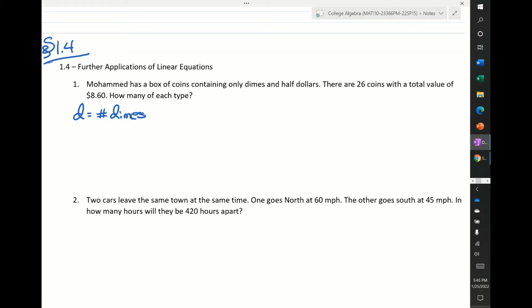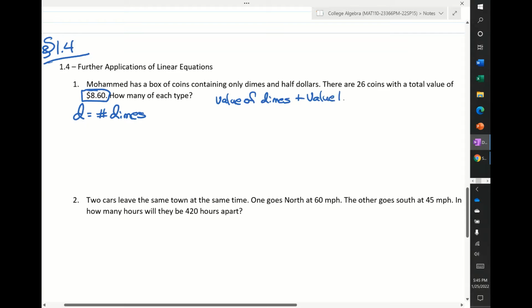When we're talking about a total value of $8.60, this means that the value of dimes plus the value of half dollars equals $8.60.